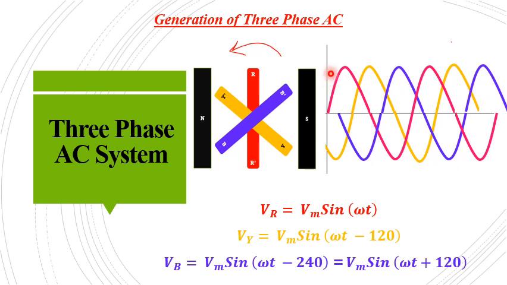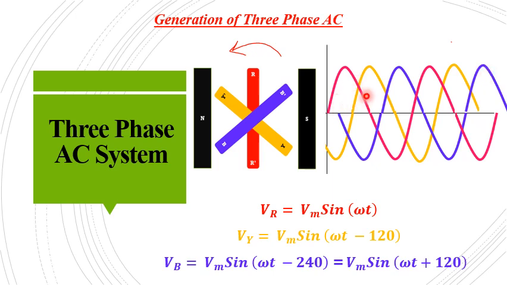So here we can see that at any instant of time, the total voltage in a 3-phase system will be the vector sum of the voltages in all the 3 phases. Also, if you take any instant, the voltage in any of the phases is having a peak value. So a uniform voltage is generated.